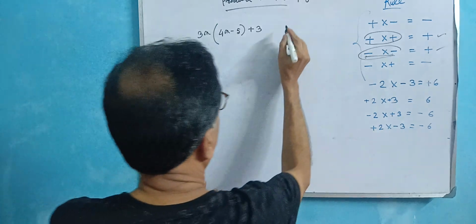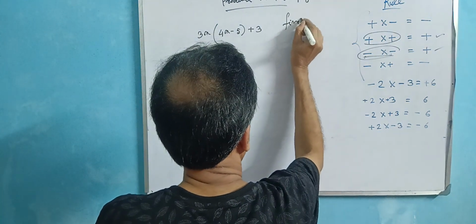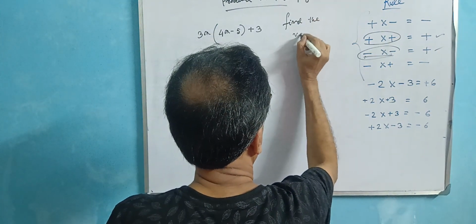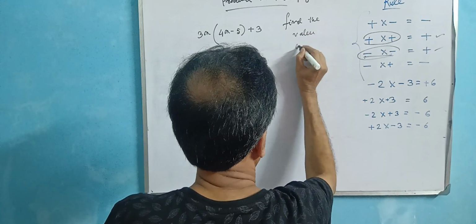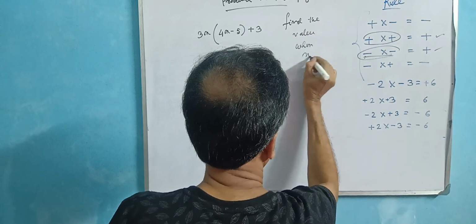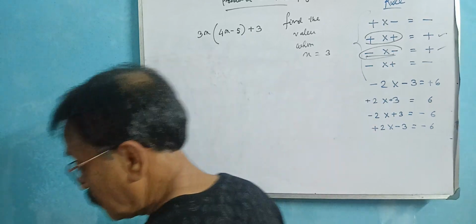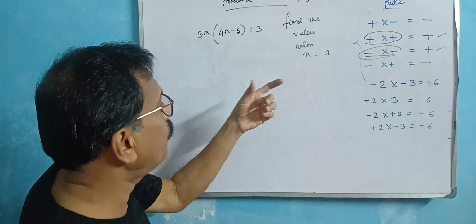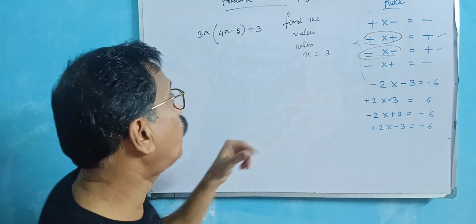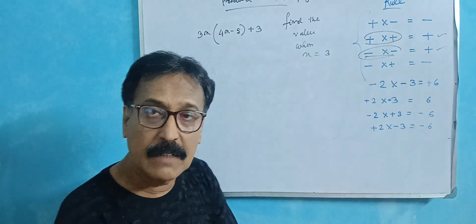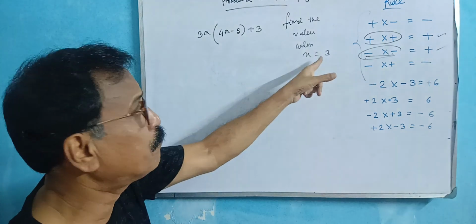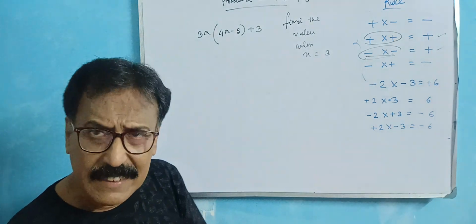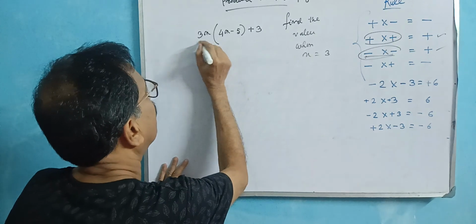First you multiply, then find the value when x is equal to 3. X equal to 3. Okay. So one way is you just put the value of x, or you first multiply this, then you get the answer, then put the value of x. That is easier for each and every student.